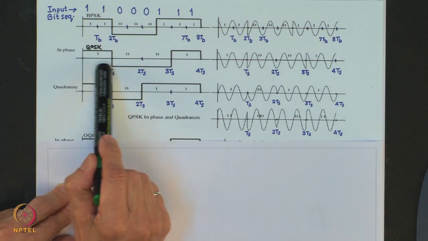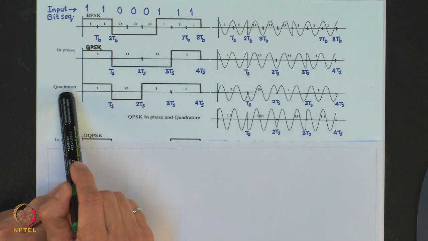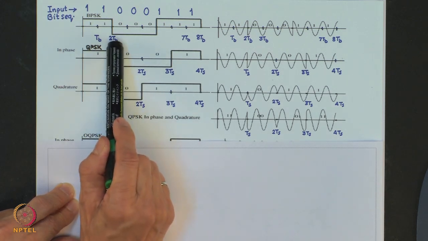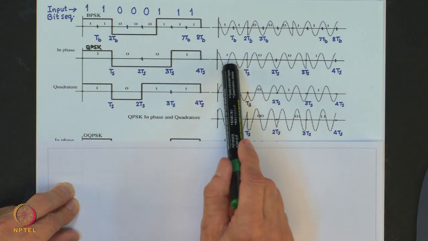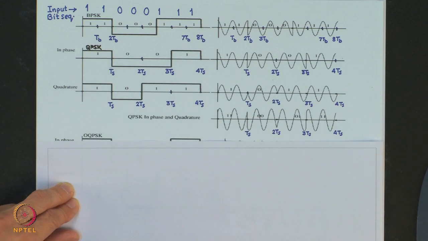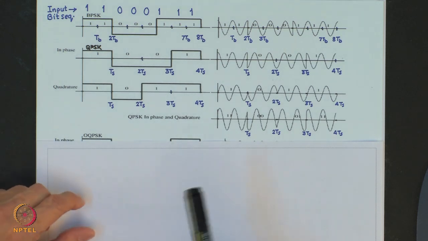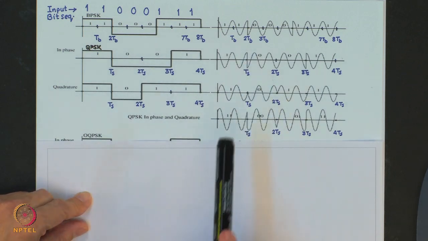So, we will denote the bit interval in this in phase and quadrature component as Ts, then Ts is equal to twice Tb. The two streams form two BPSK modulated channels which are independent, since the input bits are independent from one bit interval to the other bit interval. Now, both of these data streams are in synchronization.